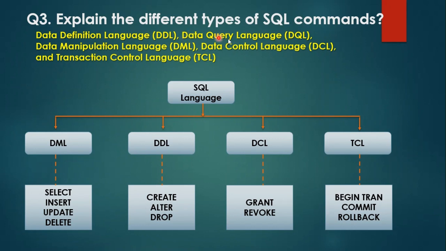Then data query language DQL. Then data manipulation language DML. Then data control language DCL. And then there is data transaction control language TCL. So basically in SQL, if you categorize the different types of commands into four categories, the four categories are DML, then DDL, then DCL, and then TCL.